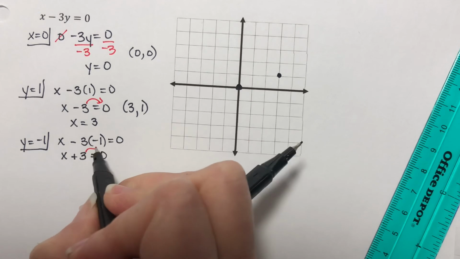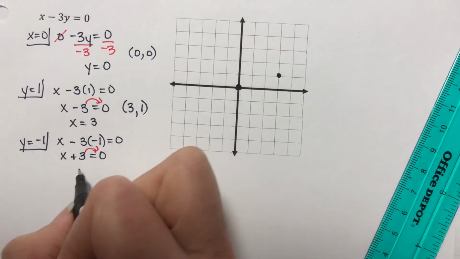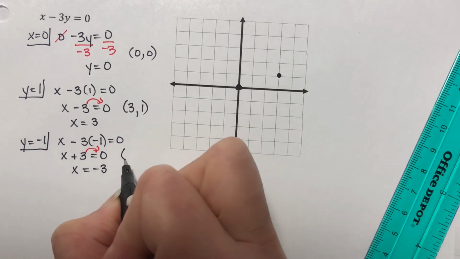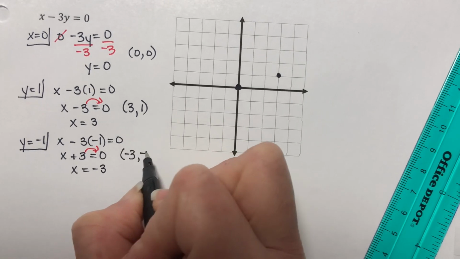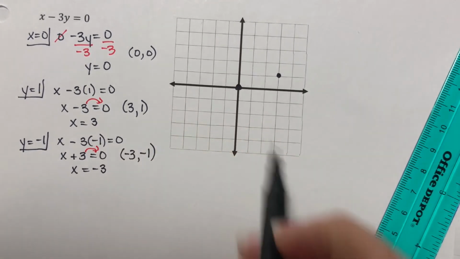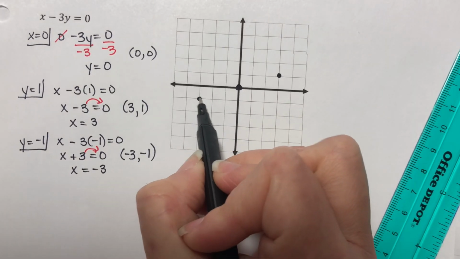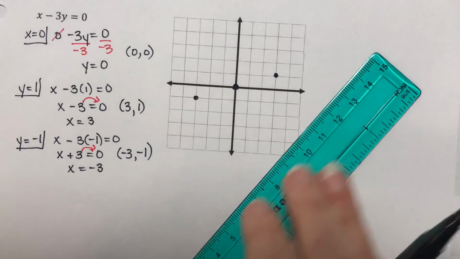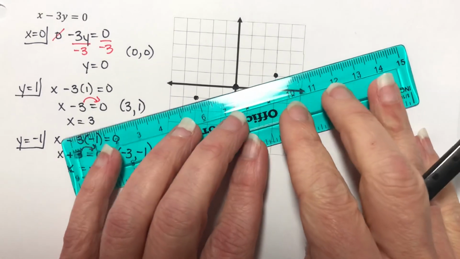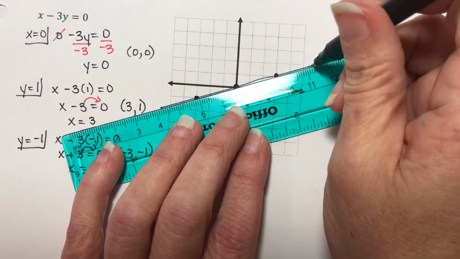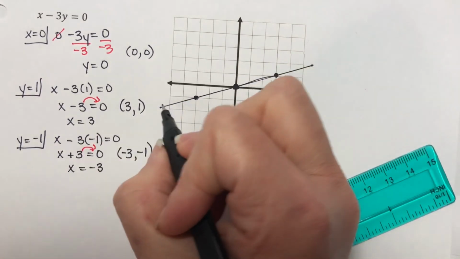Now let's subtract 3 from both sides to get x equals -3. So this would be the point -3, -1. -3 on the x, -1 on the y is right here. And as you can see, these 3 line up, and with 3 points that line up, I'm pretty sure that I have done this correctly.